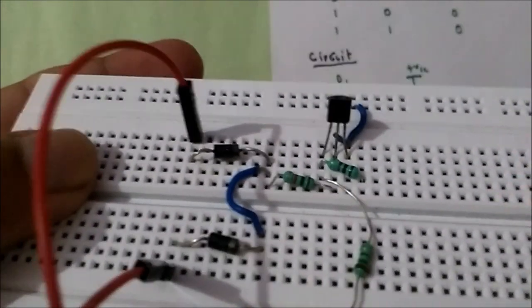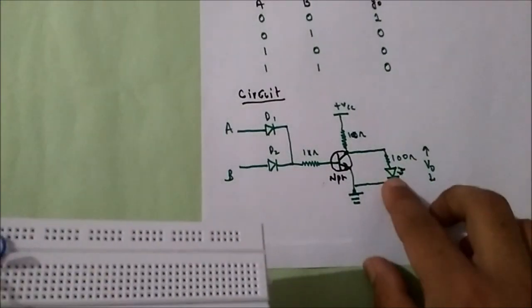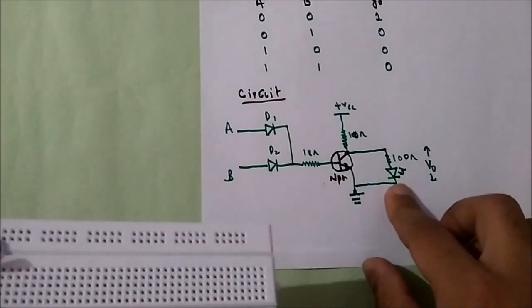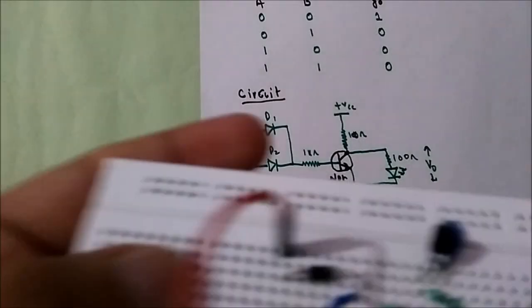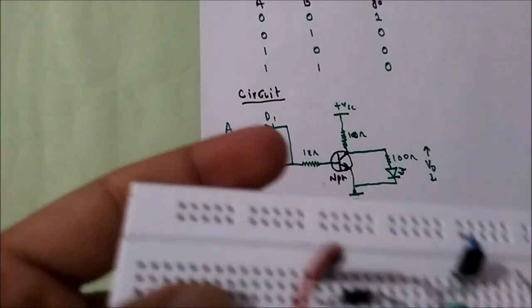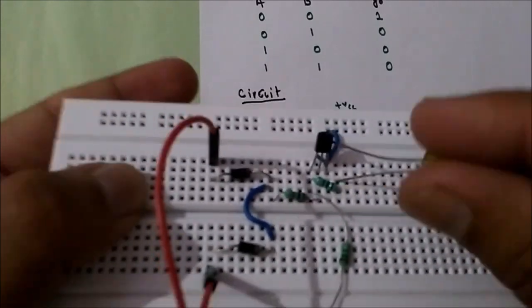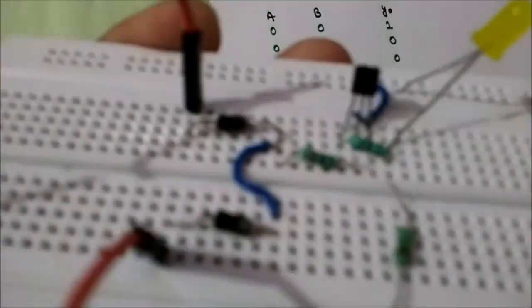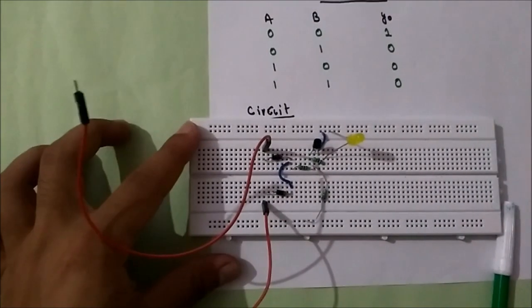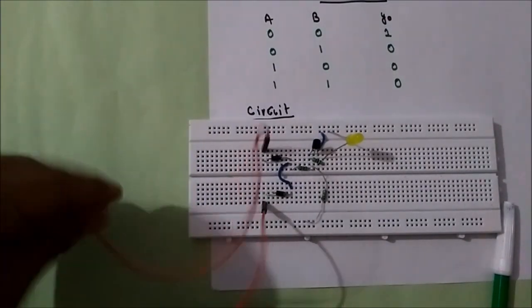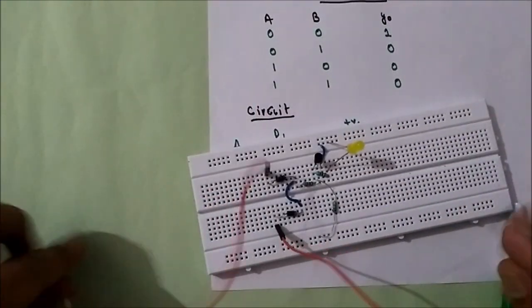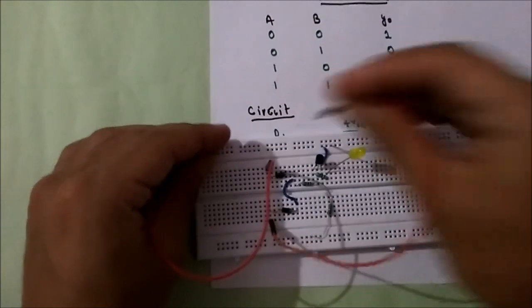Now for output, an LED is connected ahead of this 100 ohm resistor, and directly to ground. Okay, now I'll connect these two logic inputs to 0 0.